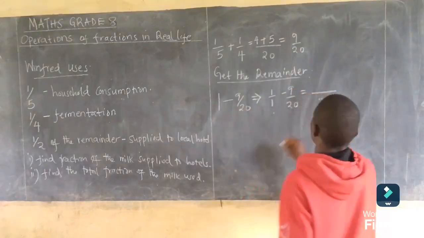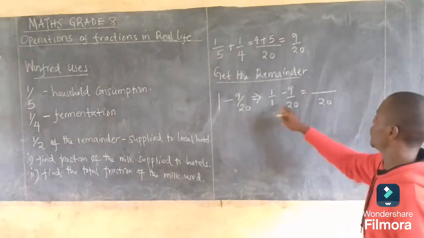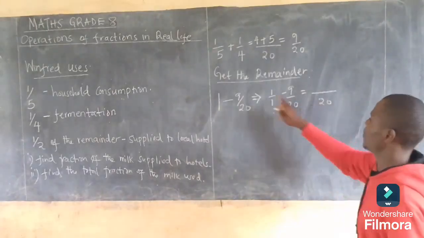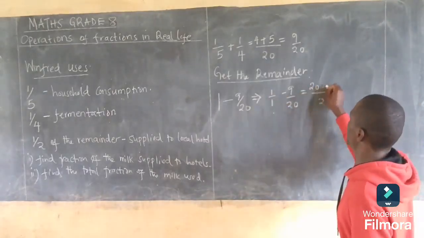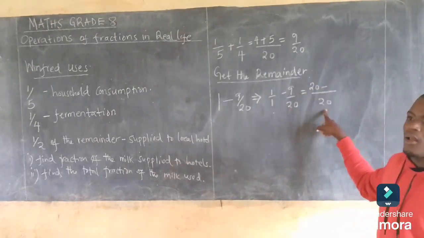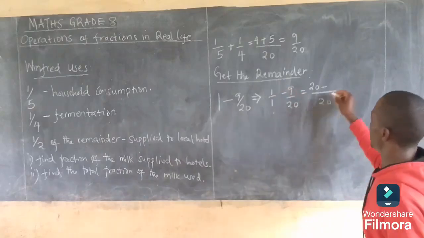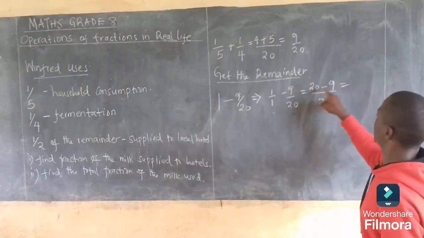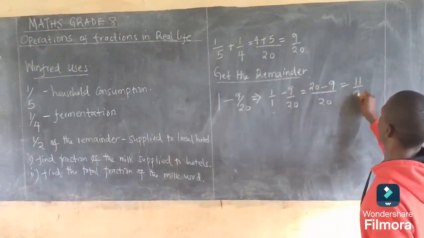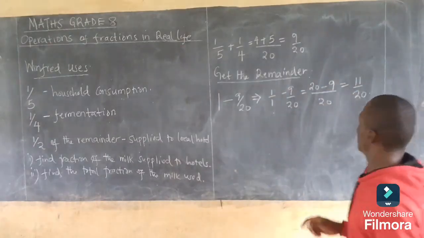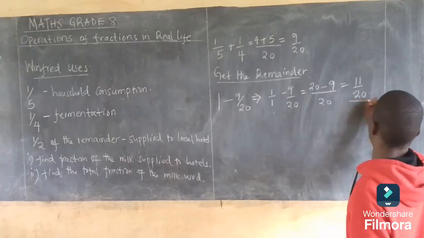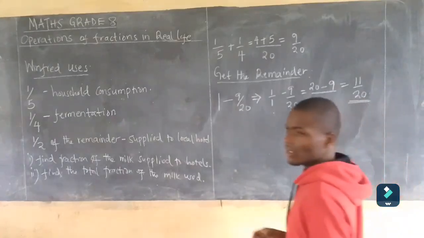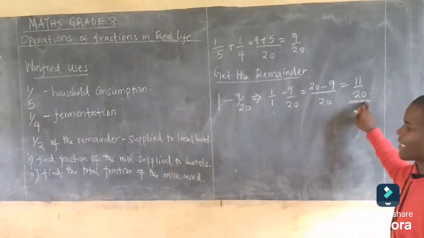And the LCM is 20 still. 1 goes into 20, 20 times. 20 times 1 is 20, minus 1 times 9 is 9. So 20 minus 9 is 11 over 20. So 11 over 20 is the remainder.